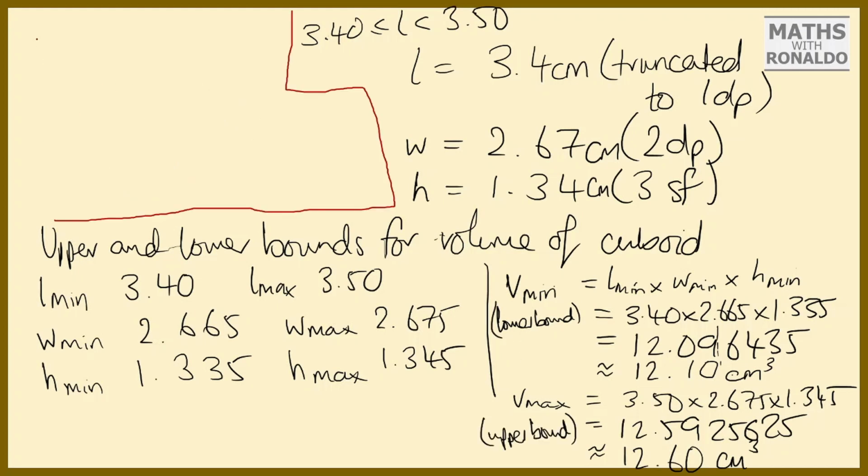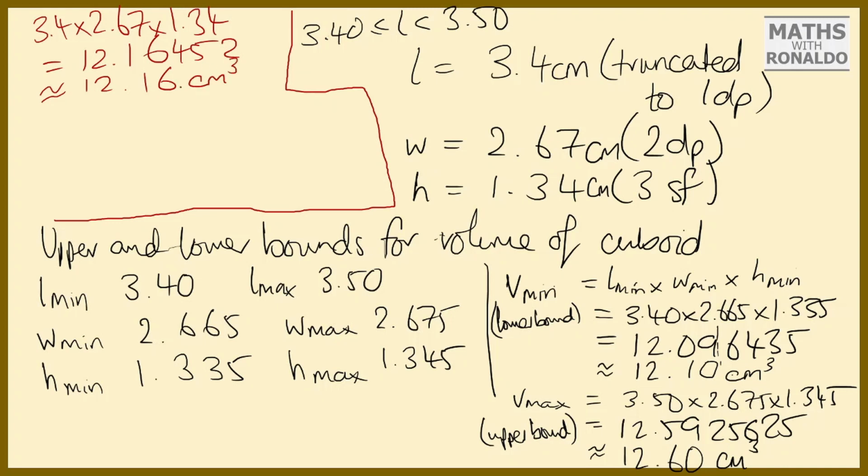Now occasionally you may be asked to calculate the percentage error posed by the lower bound and the upper bound. Well, our lower bound is 12.10 and our upper bound is 12.60, and we can work out our volume using the numbers they've provided, which is 3.4 times 2.67 times 1.34, which gives 12.16452, which will round to 12.16 centimeters cubed.